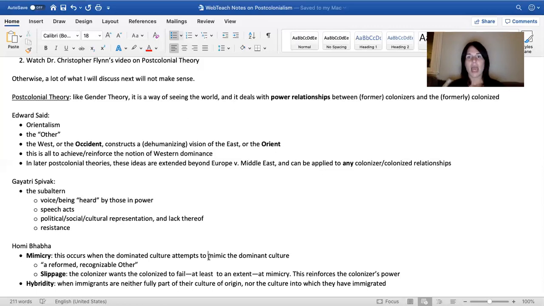And so hybridity occurs in that space where I'm not fully in one culture or another. That's what Bhabha is getting at when he's talking about it, again, in terms of culture and post-colonial theory. So I hope that this helps.